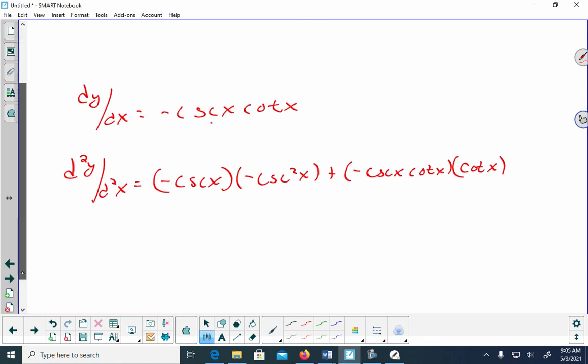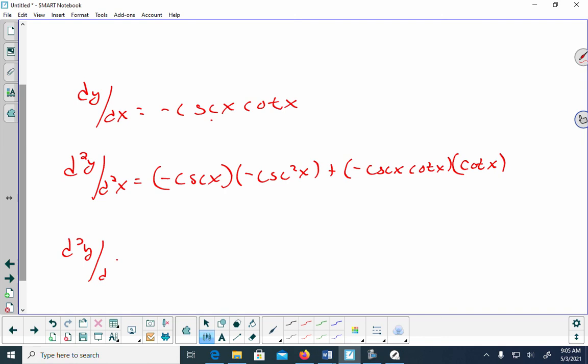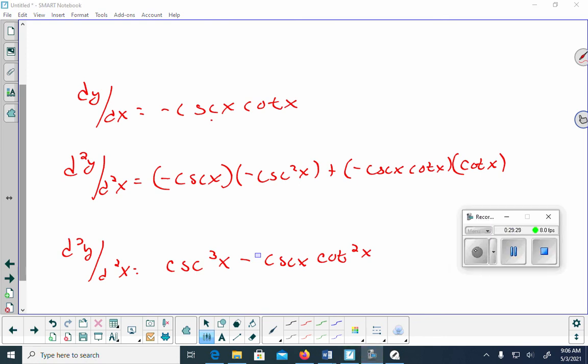Then I am going to clean this up a little bit. So when I do this, negative times a negative will be a positive. So this will be a positive cosecant cubed x plus cotangent squared x times cosecant.